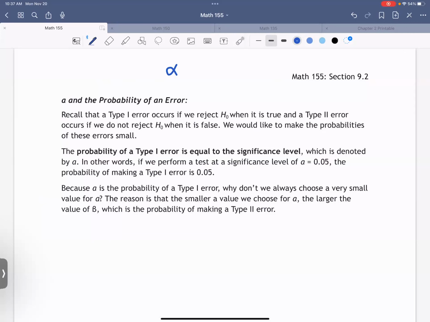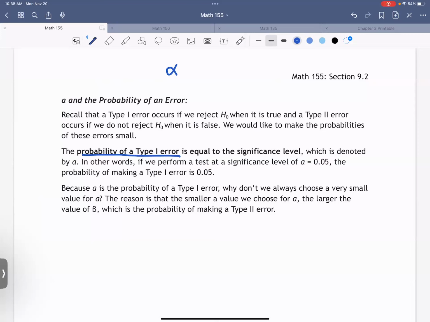When I make a conclusion in a hypothesis test, I actually don't know if my conclusion is correct or incorrect, right? So I can make a mistake. There's two types of mistakes you can make. Type 1 is when you reject something that's true, and type 2 is when you fail to reject something that's false. But anyways, alpha is actually the probability that you make a type 1 error, okay?